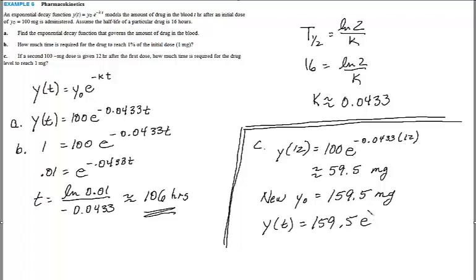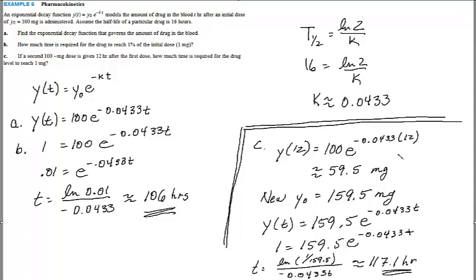I still have the same decay rate, and I need to know how much time until I only have 1 milligram. What I'll do here is divide by the 159.5, take the natural log of both sides, and solve for t. Okay, when I complete that computation and that little bit of algebra, I get 117.1 hours.